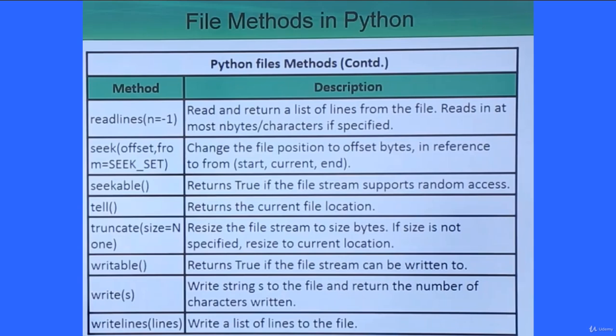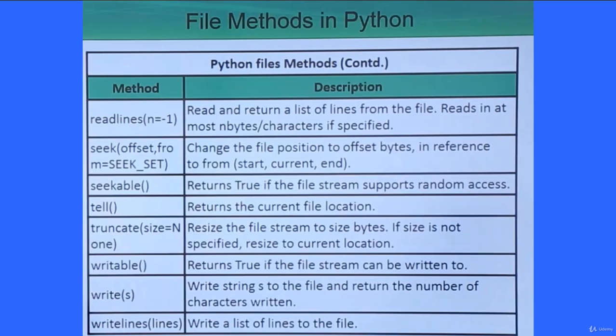Next one is seekable, which returns true if the file stream supports random access. If you can go for random accessing of the file content, it will return true, so it returns a boolean. Next one is tell, which returns the current file location, that is, the location to which the file pointer is currently pointing. Truncate with size equal to None.